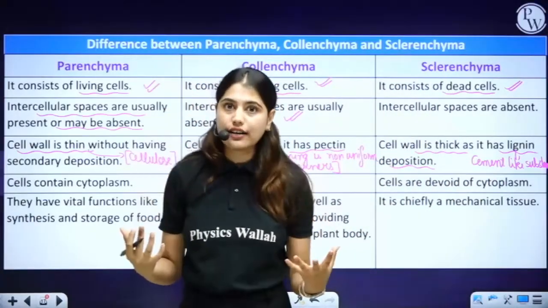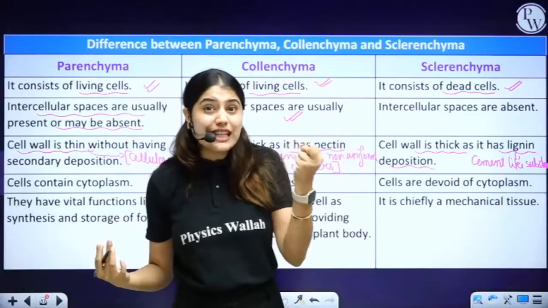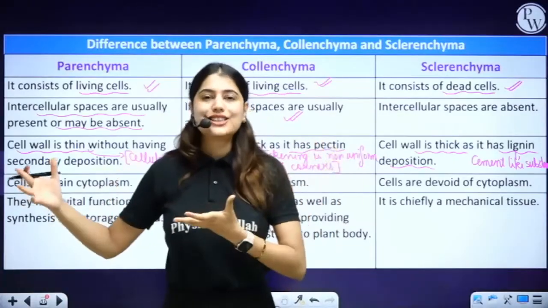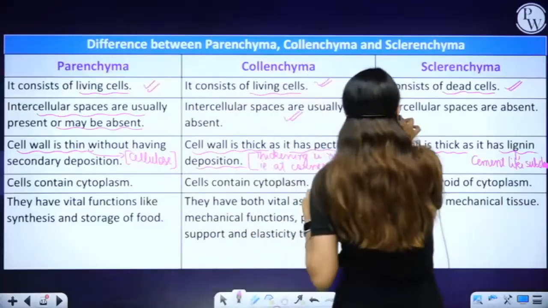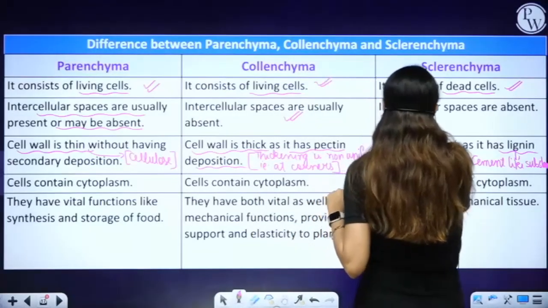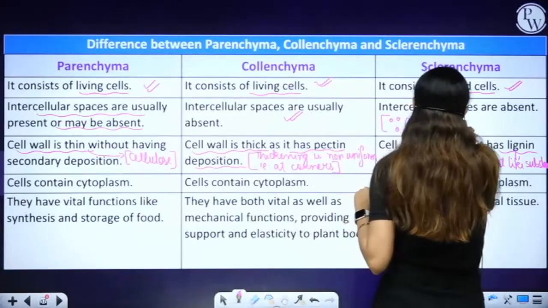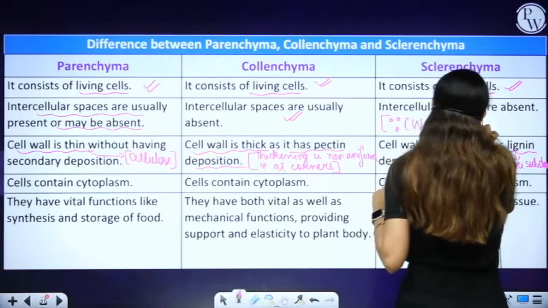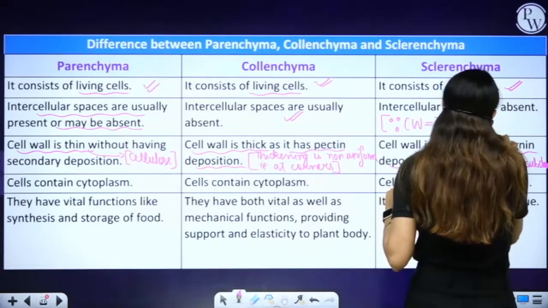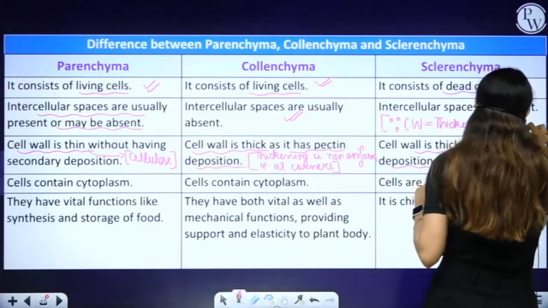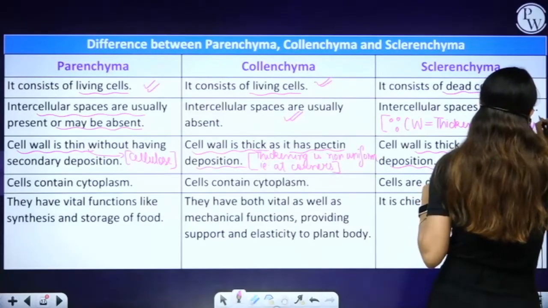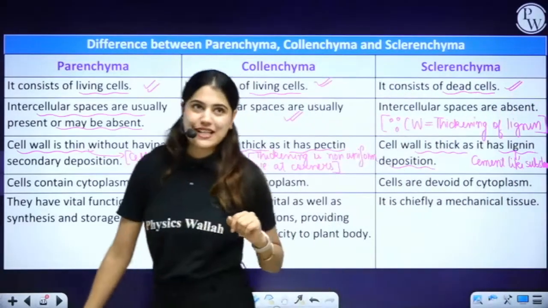Why is it not there? Because the cell wall thickening is so much that there is no intercellular space. Because of the thickening of lignin, there is no intercellular space in the case of sclerenchyma cells.